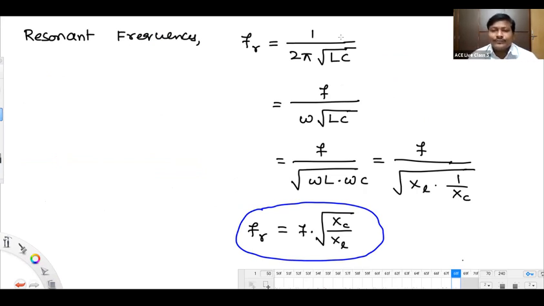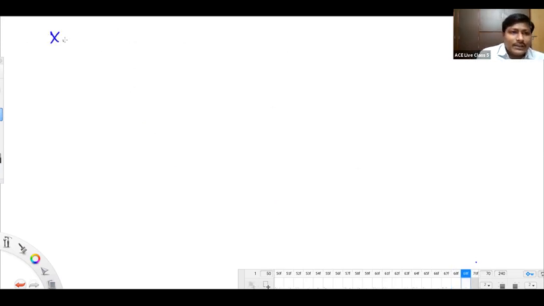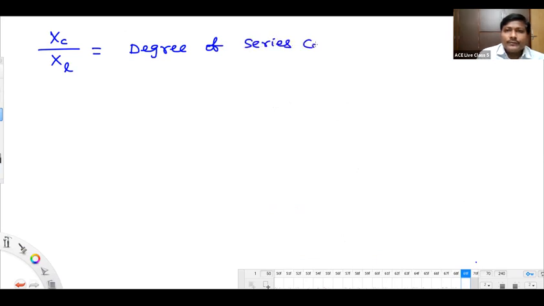Generally, this XC by XL we discussed, I think, in compensation. Yes or no? What is this ratio called? The degree of series compensation, we named it KSE.